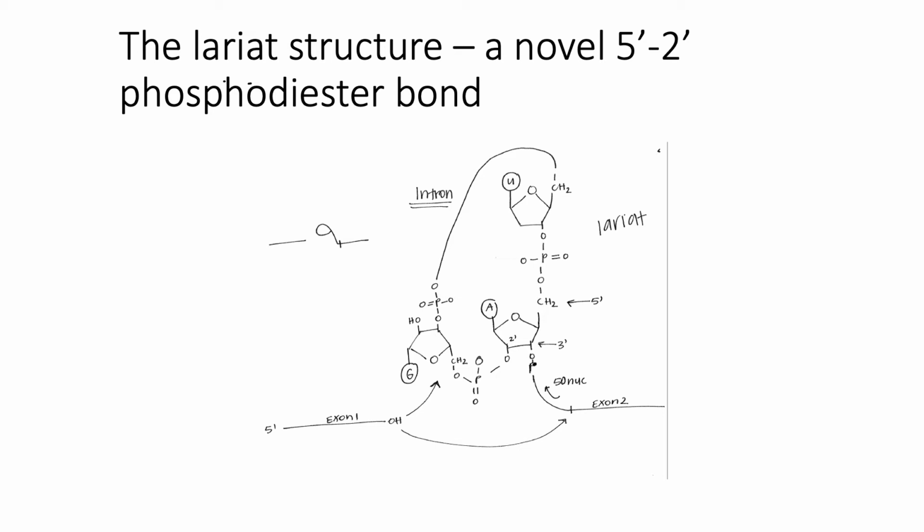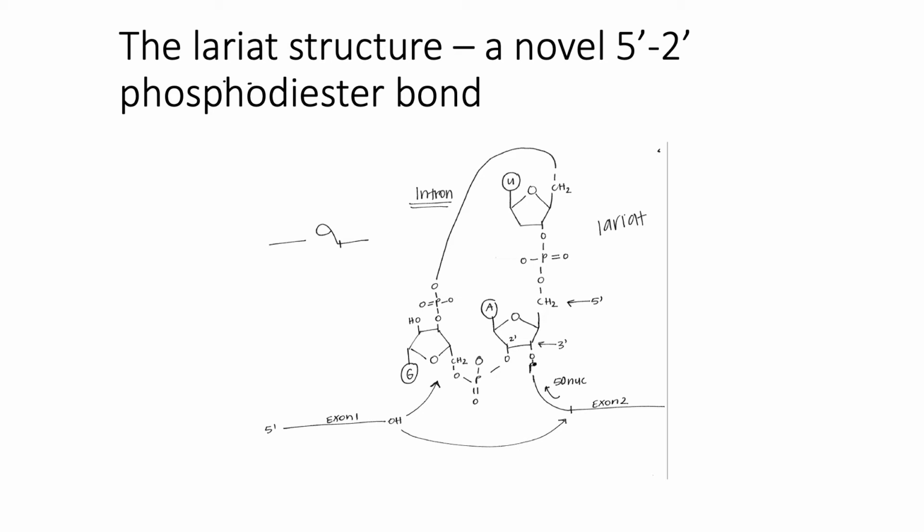At the end of exon 1, there's a hydroxyl because the cut has already taken place. Then we have exon 2 at the other side, and a little line that demarcates the separation between the exon and the intron, and then it says 50 nucleotides, and there's that adenine. That adenine is important, about 50 nucleotides upstream.